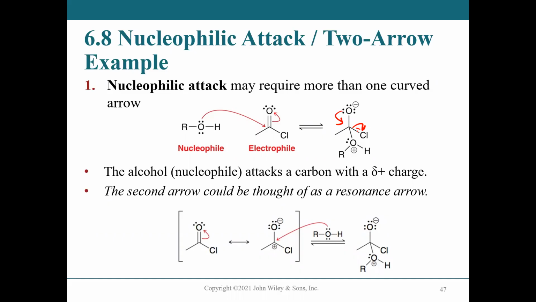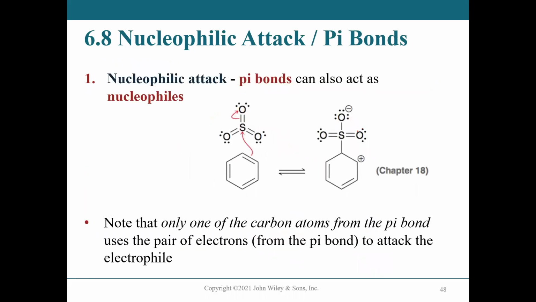But for right now, they just want you to know about the main attack, which would be the electrons from the oxygen going into that carbonyl group, that C double bonded to the oxygen. Pi bonds can also act as nucleophiles, so it doesn't always have to be this situation. We can use pi bonds to do that, and they give a good example right here.